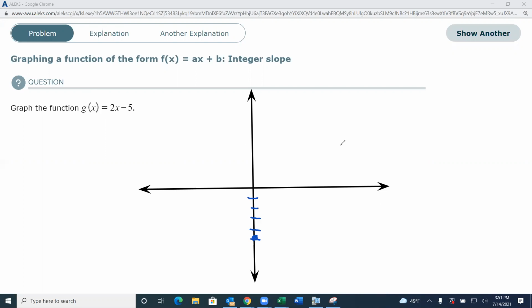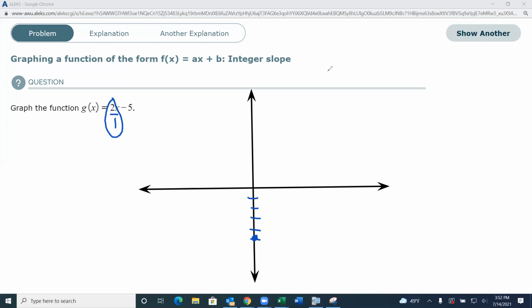That's my y-intercept. Okay, and the number that is multiplied by x, that is the slope. And when you're graphing by hand, it's handy to write it as a fraction, so 2 over 1, because the top of the slope is the rise, the bottom of the slope is the run, rise over run.